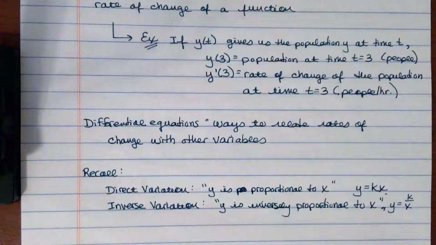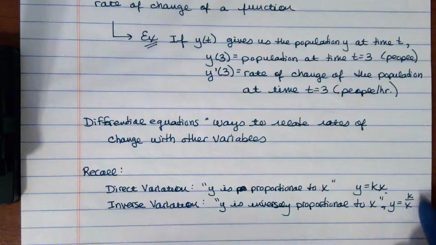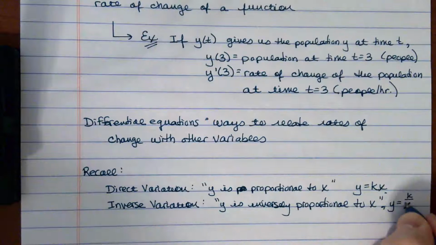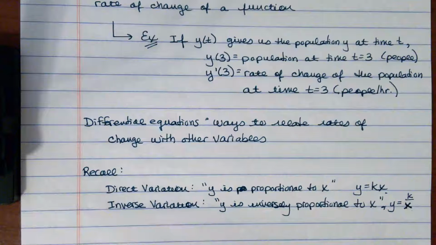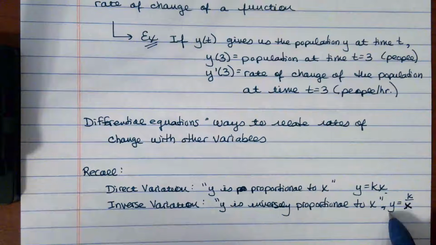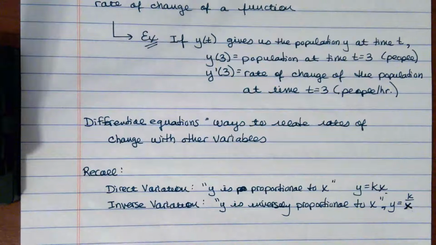And the idea is here, again, if k is some positive number, as x goes up, y goes down. As y goes down, x goes up. To make your denominator bigger, this thing gets smaller. y equals kx is direct variation. y is proportional to x. And y equals k over x is inverse variation. y is inversely proportional to x.